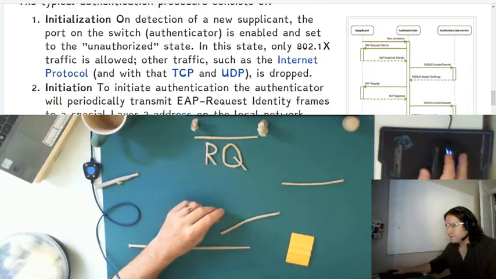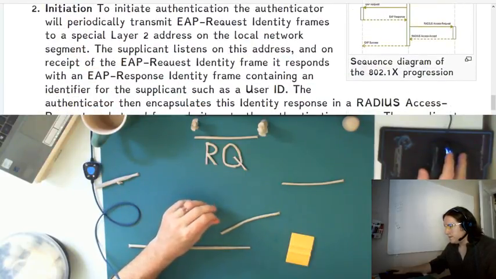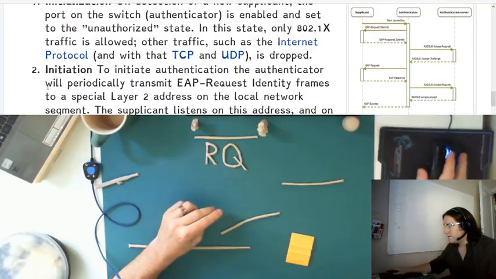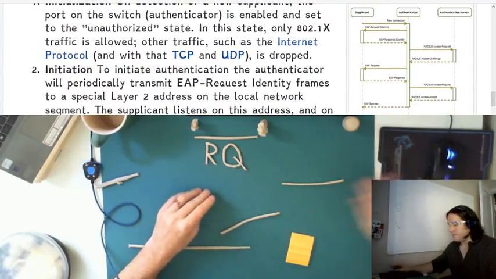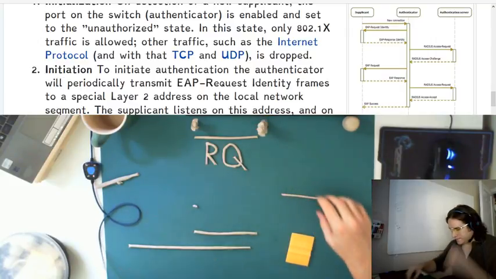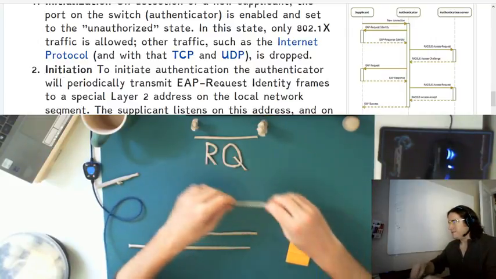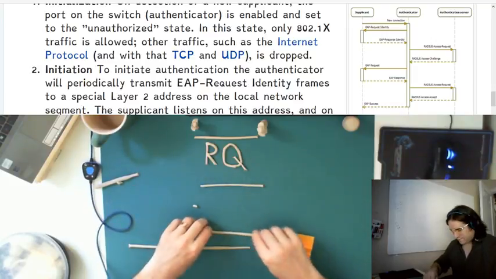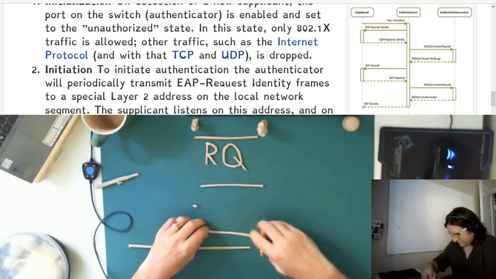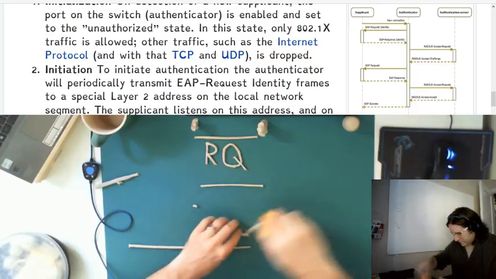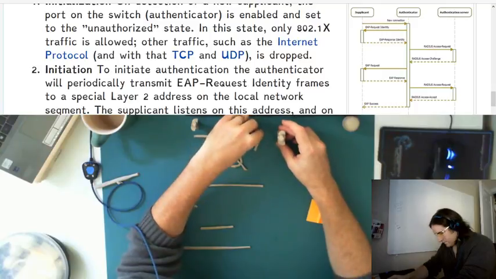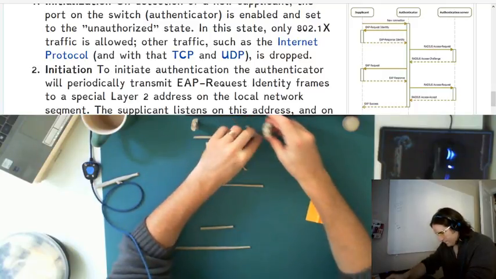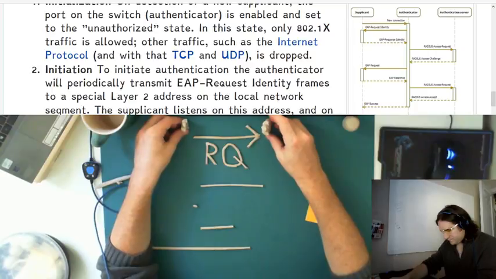So then the authenticator, this guy, sends an identity request.